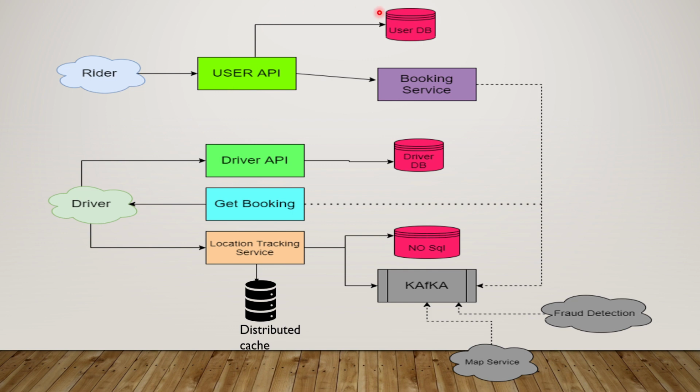Those things will sit somewhere in the database. He will also have a screen where he can check what all rides he made in the past, and what amount was charged for each of those rides. All those will be routed through some API here, and fetched from his database. This database can be an RDBMS, because all of this is structured data.